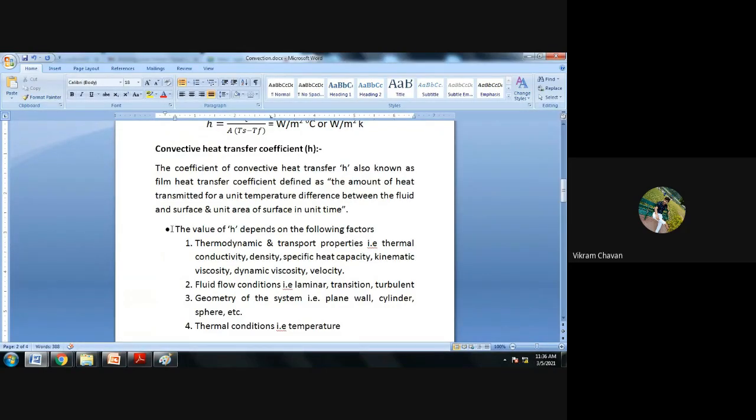Okay, so these are the thermodynamic and transport properties of a fluid.